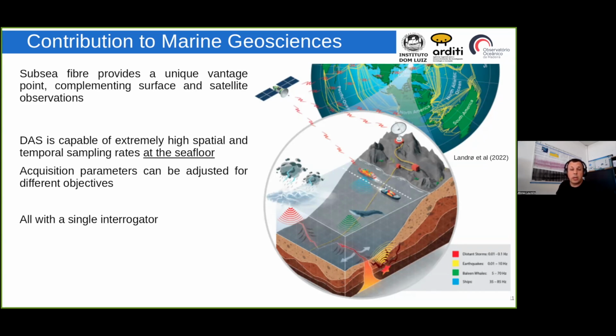If I want oceanographic variables with very long periods, I can just adjust my sampling rates and gauge length to those periods. If I want to track marine mammals, for example, I will increase the sampling rates and improve the signal to noise ratio on certain channels by combining and averaging them. And this will be used in conjunction with other instruments that will help us build a better picture of what's there.